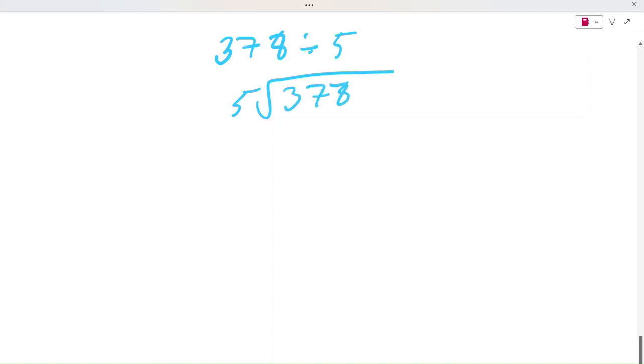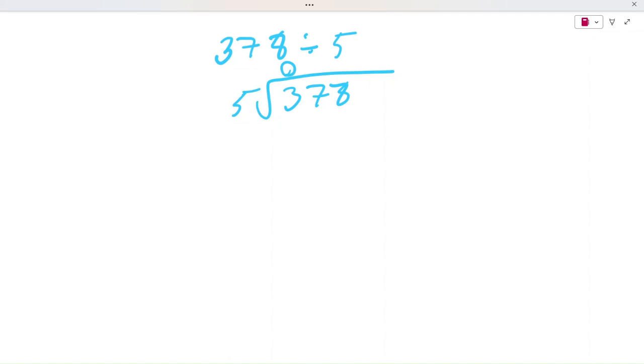Now let's get into some examples where we don't necessarily get 0 at the end, and we just get a remainder. So let's say 378 divided by, let's say, 5. Divisor goes outside, and dividend goes inside. 5 can go into 3 how many times? Well, we know it's 0 times. Since we can't fit it in, we can't do anything.